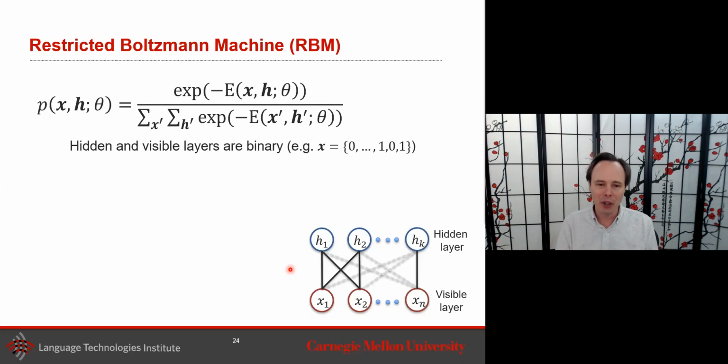And I'm going to explain why they're called energy models, because some of you may not realize why a conditional random field is an energy model. It's because it's coming from a lot of these different models like the Boltzmann machine. The idea of the Boltzmann machine is that you want to model the joint probability. That's what you want to model. That's a generative model. And theta here are your parameters.